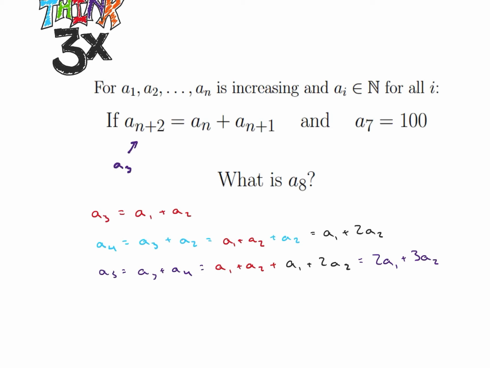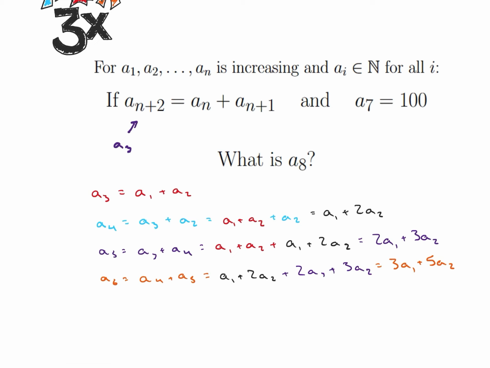If I then look at my a sub 6 term, I'm going to get a sub 4 plus a sub 5, which is a sub 1 plus 2 a sub 2, plus 2 a sub 1 plus 3 a sub 2. So that's going to sum up to 3 a sub 1 plus 5 a sub 2.